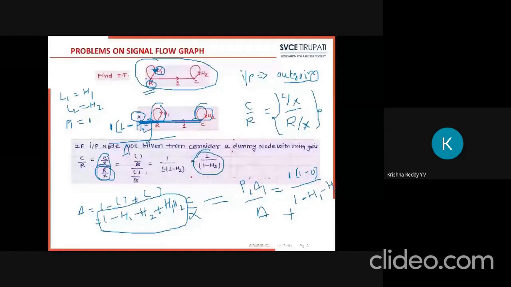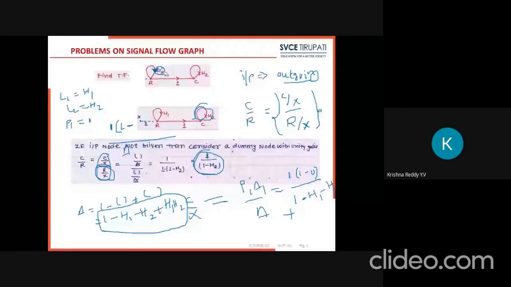Here we need to remember that an input node means it has only outgoing branches. But in our problem, if I consider R as the input, it has an incoming branch H1. For that purpose I consider one imaginary node X with gain 1, calculating the ratio between these two nodes, C by X divided by R by X. Delta is common for any node.